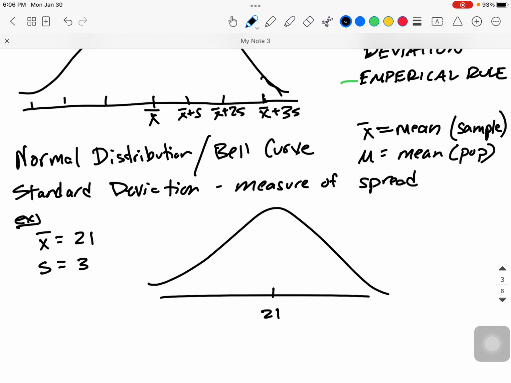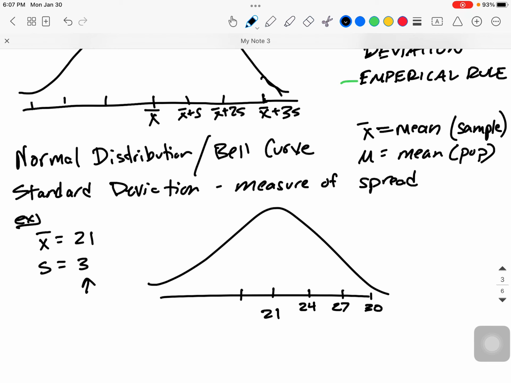And then one standard deviation from the mean would bump this up to 24. 2 standard deviations from the mean would bump this up to, you guessed it, 27. 3 standard deviations from the mean would bump this up to 30.